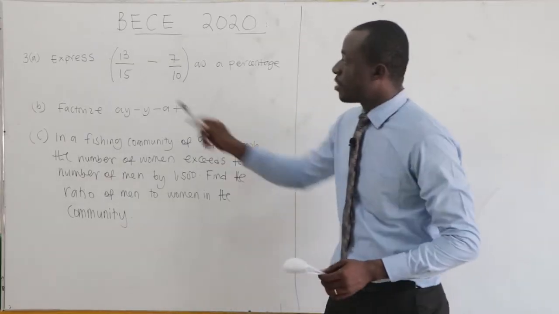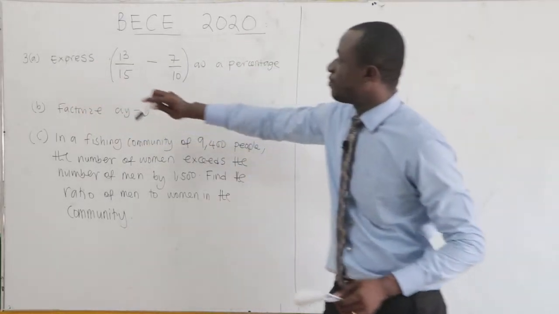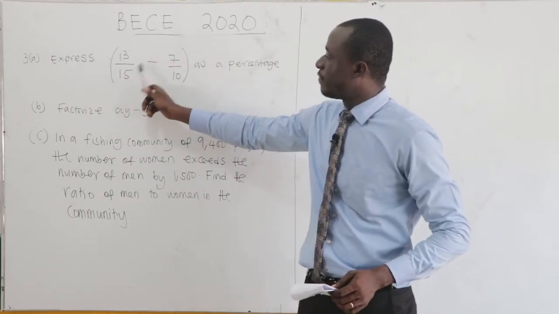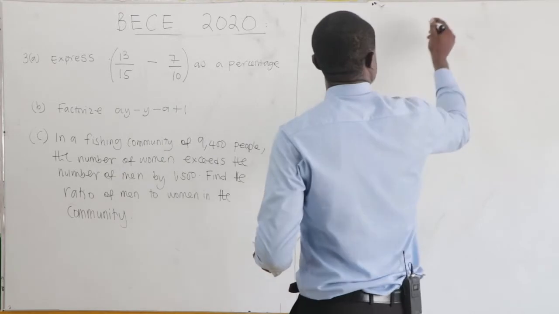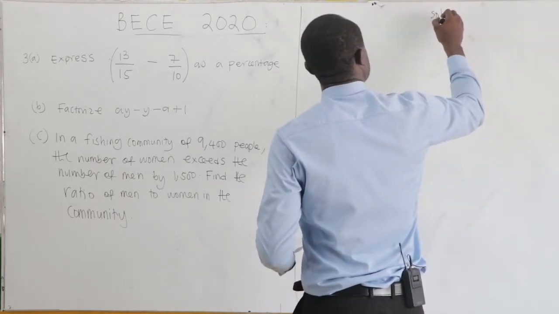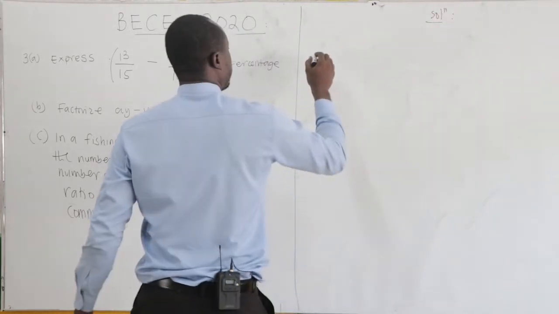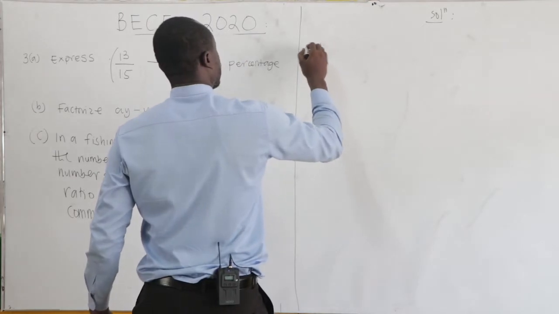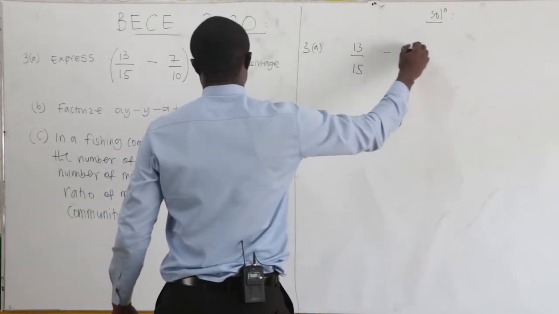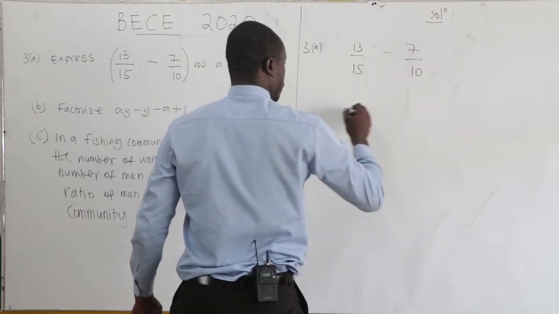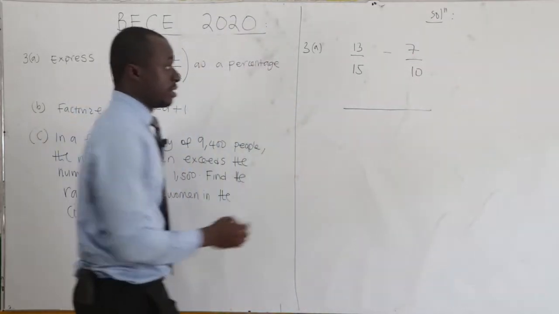B.E.C.E 2020, question number 3a. Express 13 over 15 minus 7 over 10 as a percentage. Now let's see. So we have 13 over 15 minus 7 over 10. Now what is the LCM? The LCM is 30.